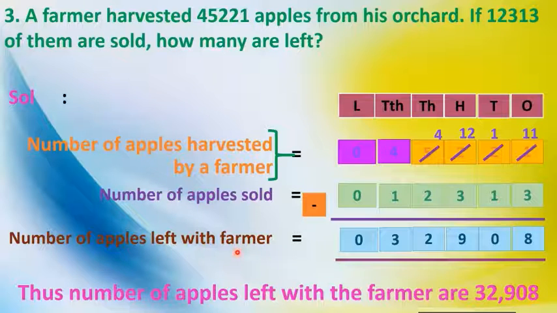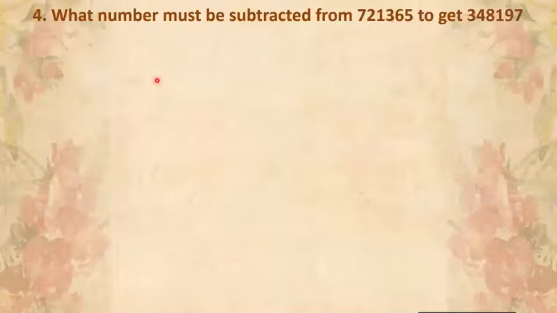Okay. Now let us go to another question here. What number must be subtracted from 7,21,365 to get 3,48,197? What number must be subtracted means which one you have to find, Nana?